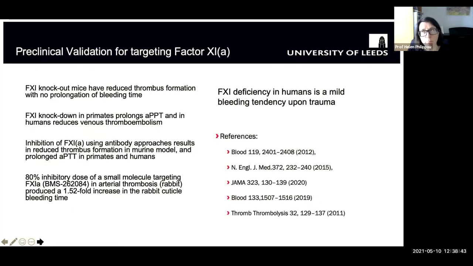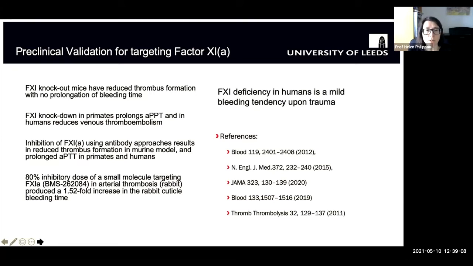So that provided the clinical validation that targeting factor 11 could actually prove clinically beneficial. And with respect to the preclinical validation of targeting factor 11 or activated factor 11, the evidence comes from the fact that factor 11 knockout mice have reduced thrombus formation with no potential prolongation of bleeding time.